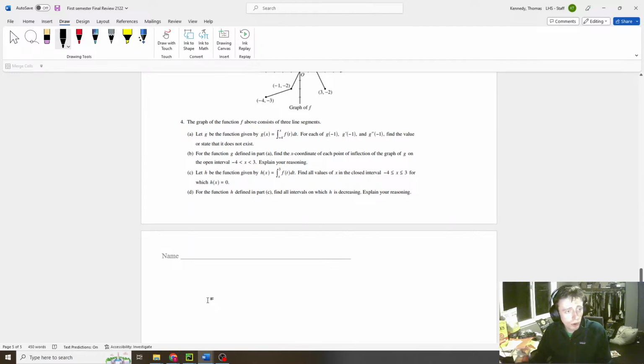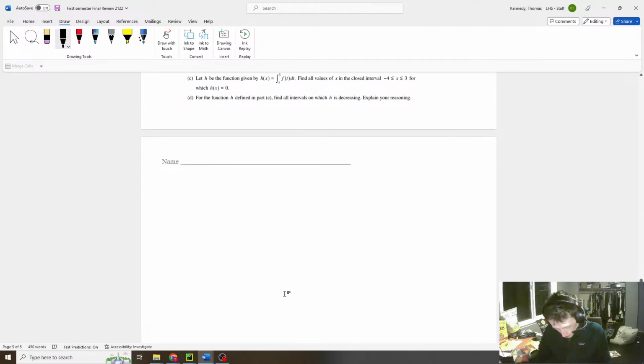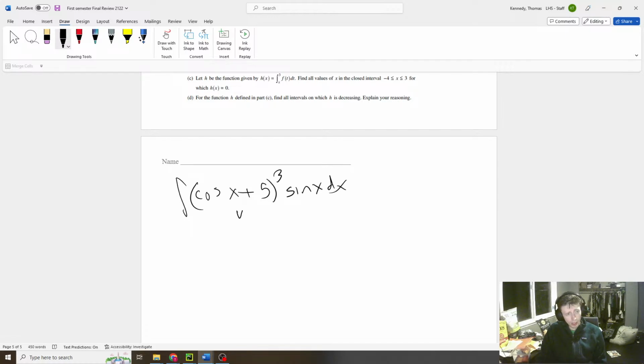Okay, so the question I pulled up from the quiz was from period 6, and it looked like the integral of cosine of x plus 5, cubed, times sine of x dx. And all you have to do is make u equal to the inside, cosine of x plus 5. The derivative of cosine of x is negative sine of x, and we have a positive sine of x.